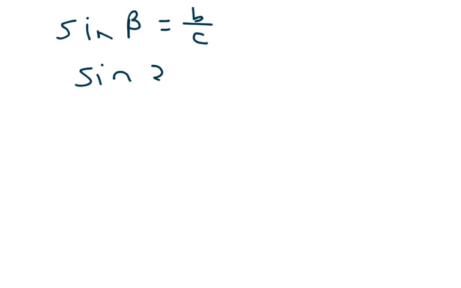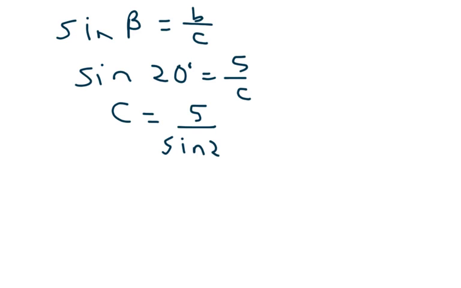Now, to find C, we'll use sine of beta equals B over C. So sine of 20 degrees equals 5 over C. So C equals 5 over sine of 20 degrees. And you can put the whole thing in the calculator and get 14.62.